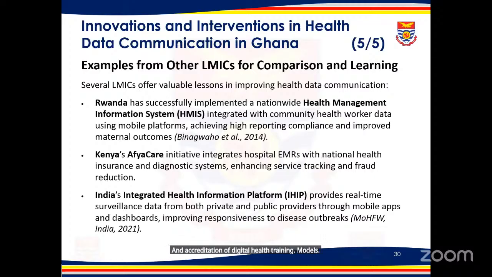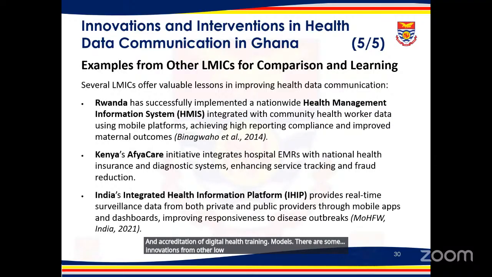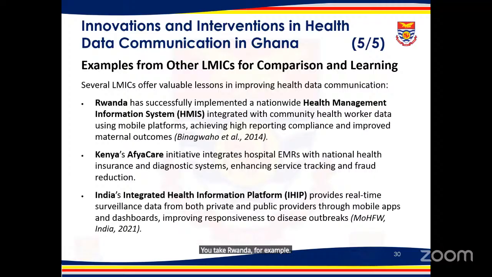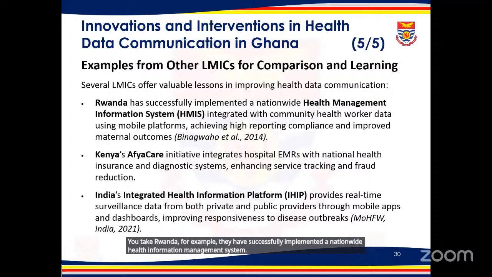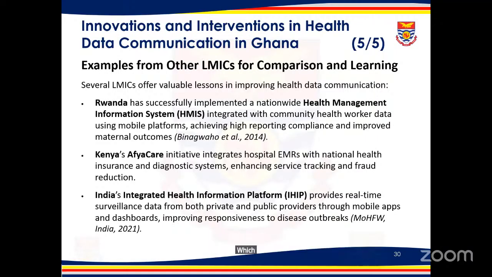There are some innovations from other low and middle income countries that we can learn from. You take Rwanda, for example, they have successfully implemented a nationwide health information management system which is integrated with the community health worker data using mobile platforms, achieving higher reporting compliance and improved maternal health outcomes.